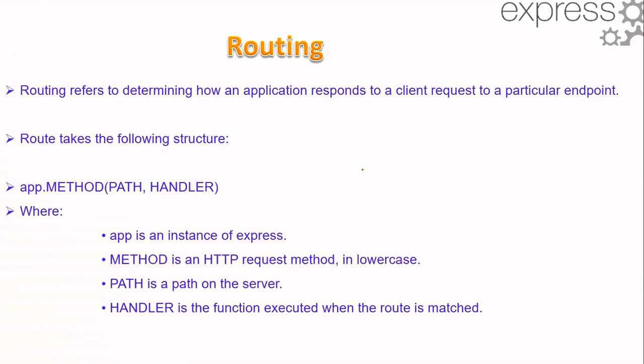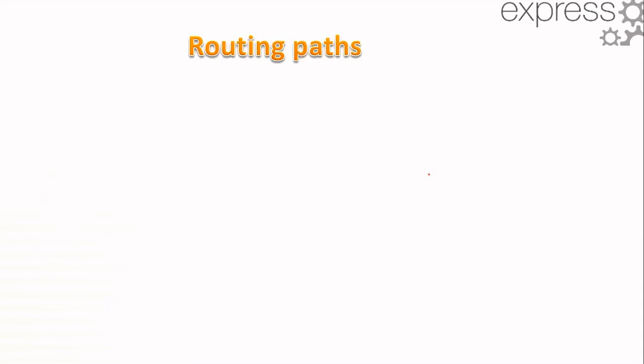Then coming to routing, it configures one or more routes in the application, and we can also configure routes with any number of methods. Now, what are the various paths to give in a URL?